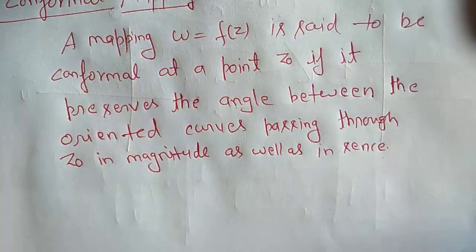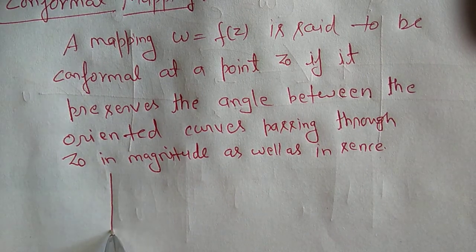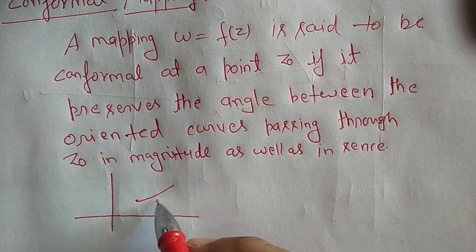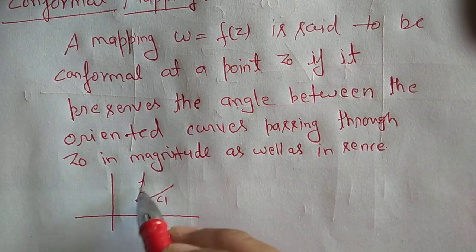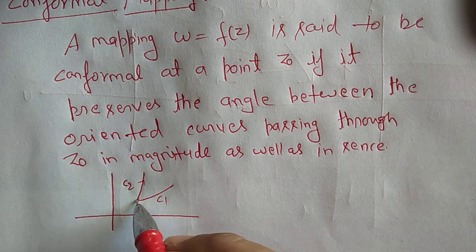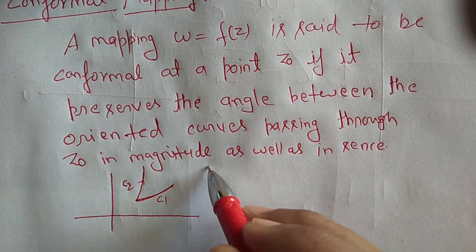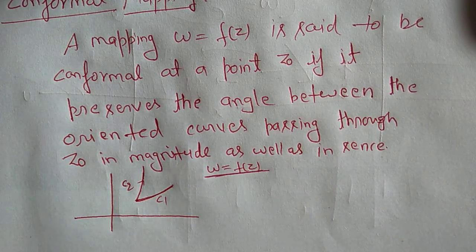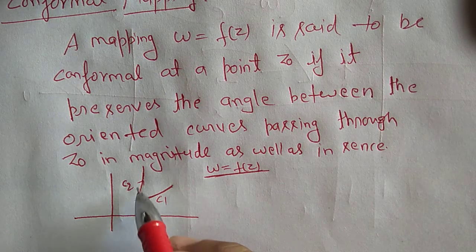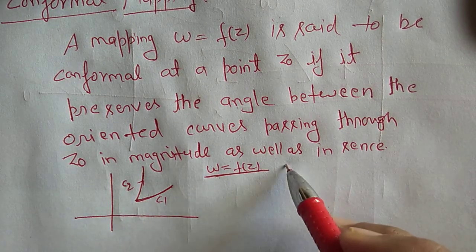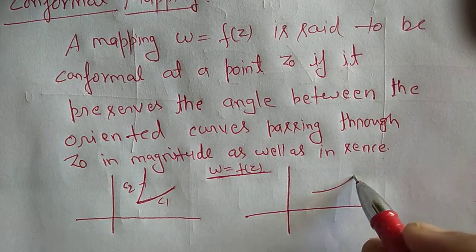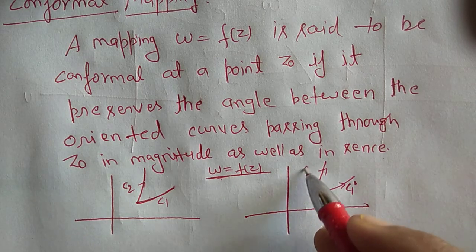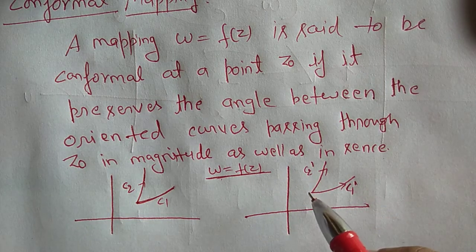It means if you take any two curves in the z plane, let us have this curve c1 and the second curve is c2. And you take any mapping w equal to f of z, so the image of these two curves under this mapping, let us have c1 dash as the image of c1 and c2 dash as the image of c2.